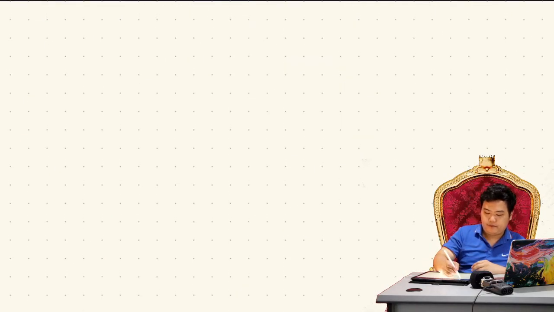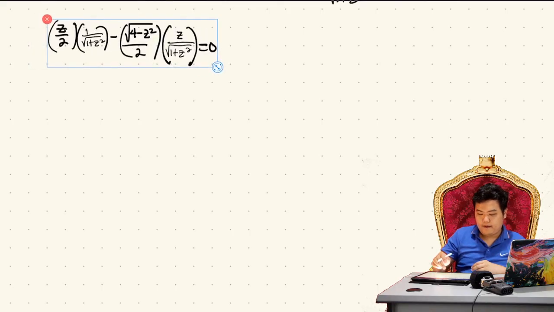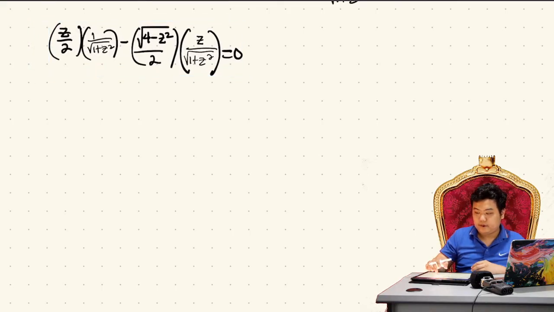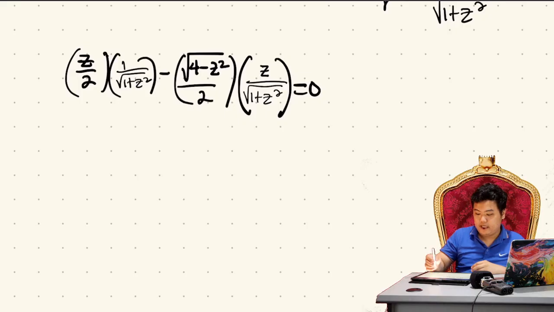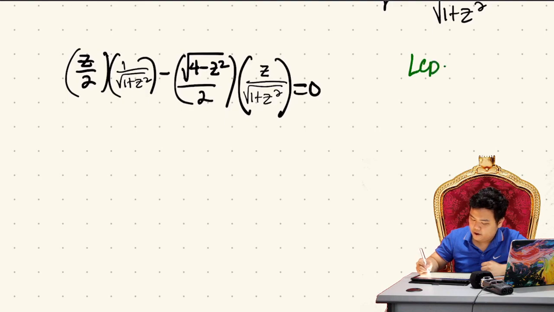Okay, so para mawala yung fractions, let us multiply both sides by the LCD. So, the LCD is 2 square root of 1 plus z square. So, multiply natin both sides by this.